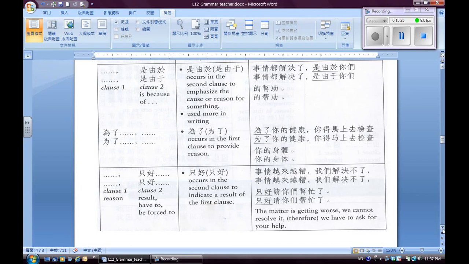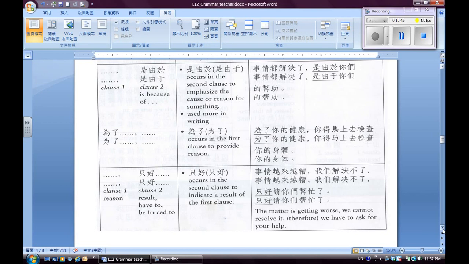Which means you have to immediately go have a physical examination. 为了你的健康, for your health. Okay, 为了你的健康.